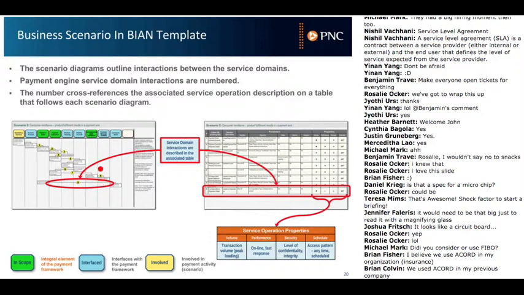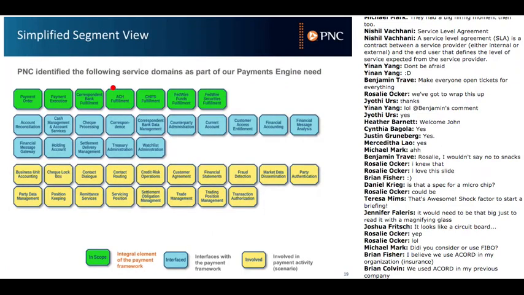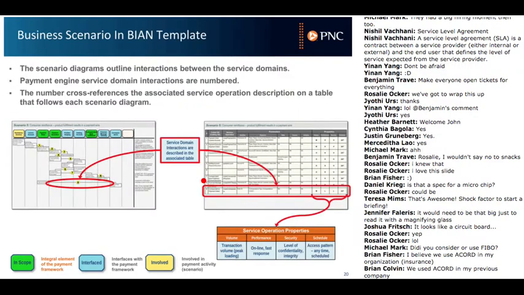But what this allows us to do is, as we defined our business scenarios, it helped us figure out what was on the prior slide. Again, what's core, what's involved, and what's interfaced. You were then able to go in and start doing some particular value evaluations on those functions as well.